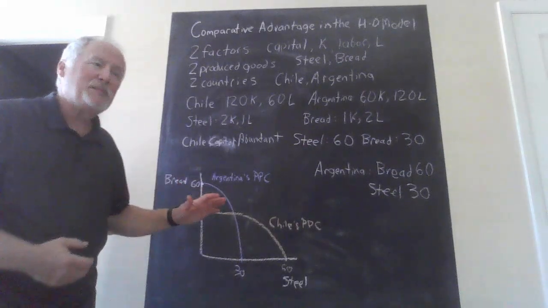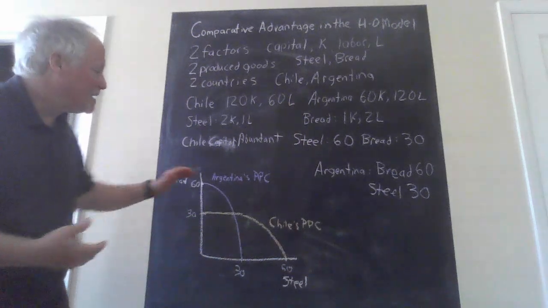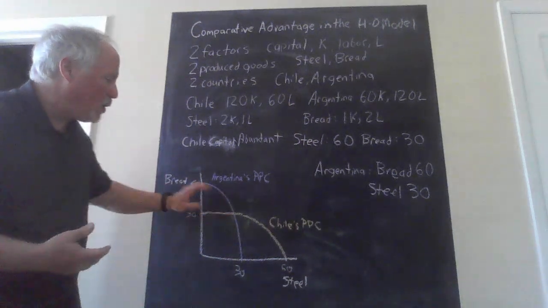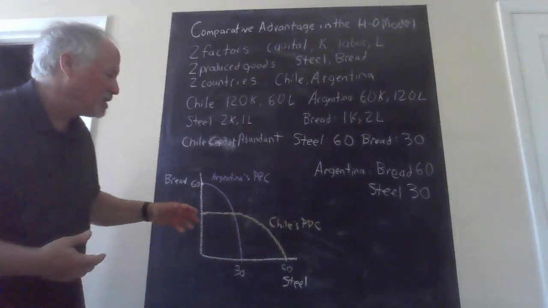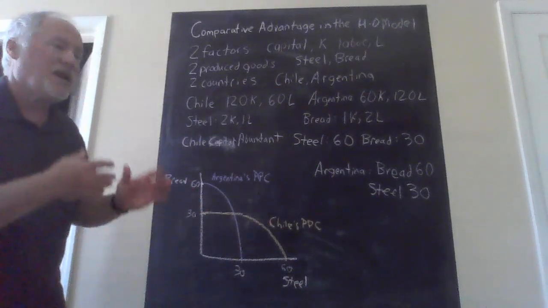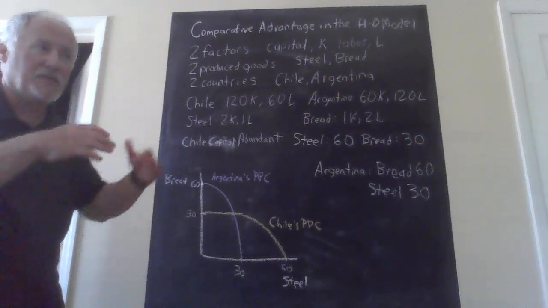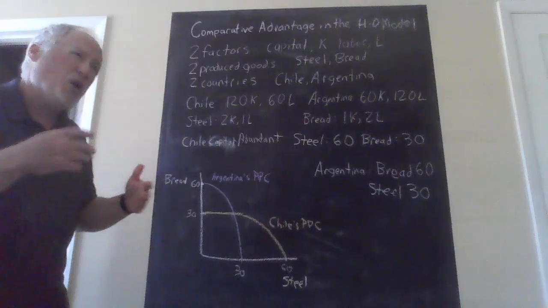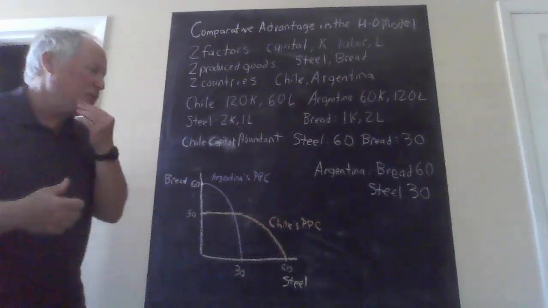With the bowed PPFs, it becomes a little complicated to define that, because at different points along this production possibilities curve, the opportunity cost is changing. So with a bowed PPF, the opportunity cost is always changing. So we can't quite define comparative advantage the way we would have before.